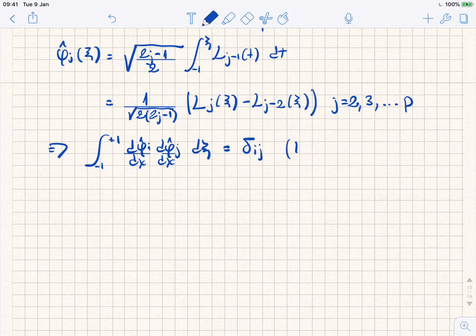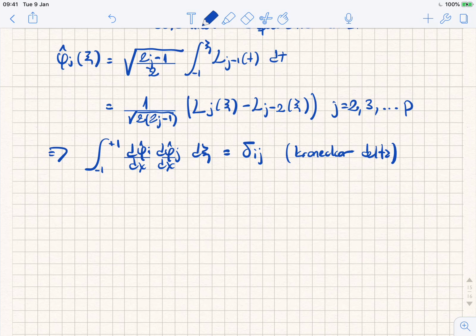This is called Kronecker delta. So the integral over the derivatives, that's why we are expressing that phi hat in this way, so that that integral holds.